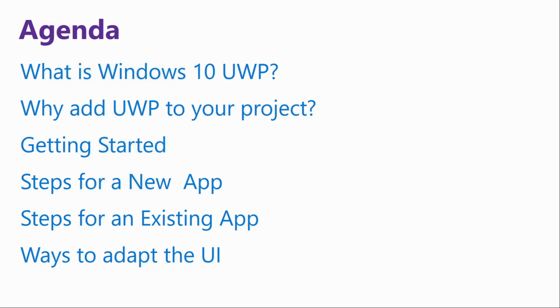And then we're going to tackle a couple of scenarios. So we've got the greenfield scenario where we've got a new application we're starting off. And then we'll tackle upgrading an existing Xamarin.Forms application. And then hopefully, if we've got some time, we can dive a little bit into adapting that UI for our different platforms. So let's get into this.